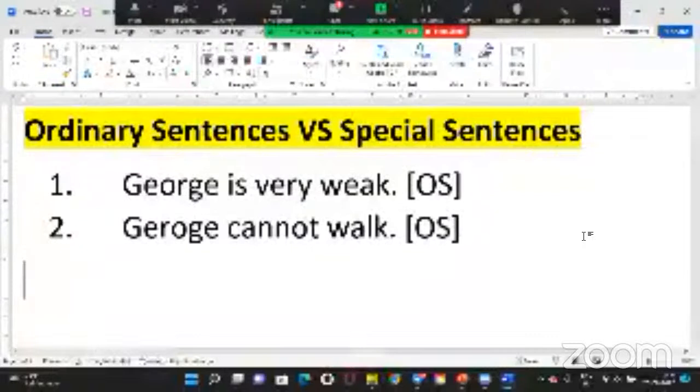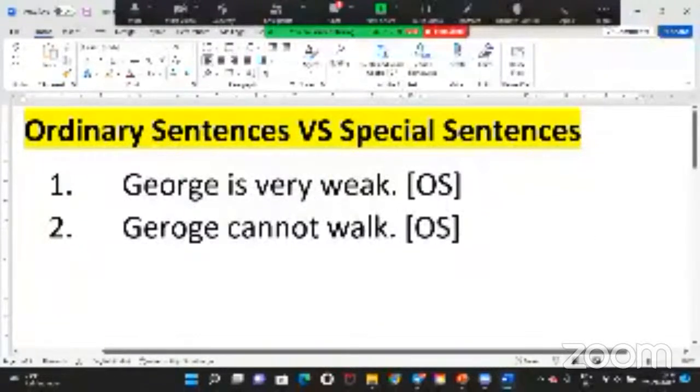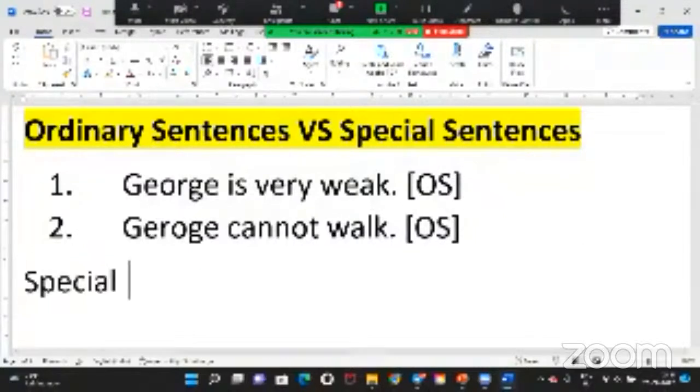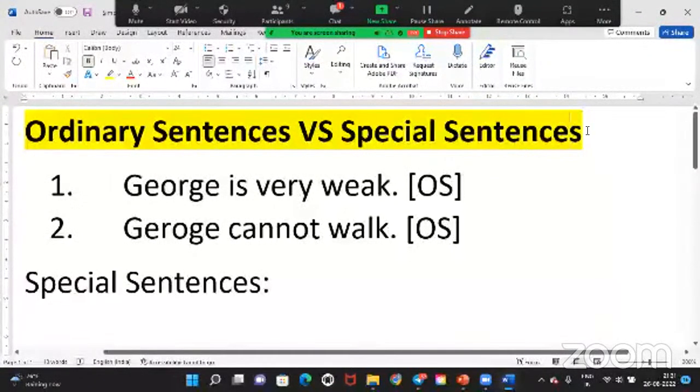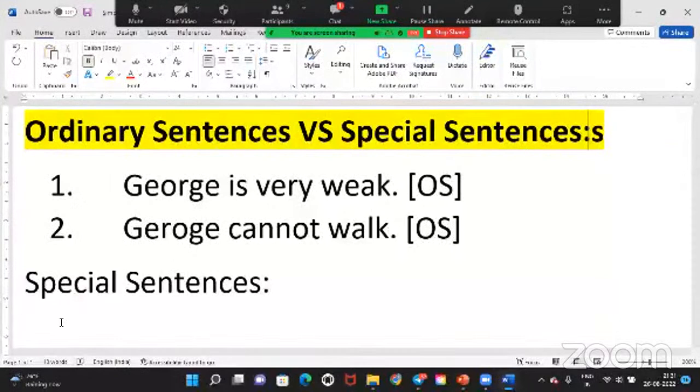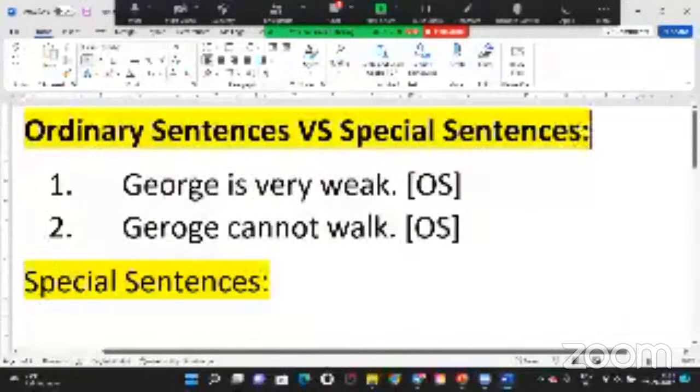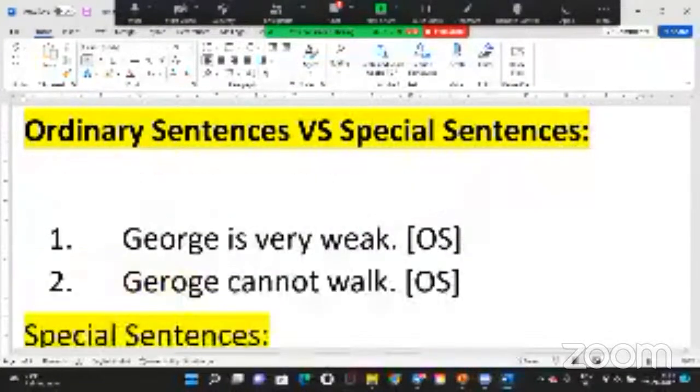We are going to consider special sentences now. So these are ordinary sentences.